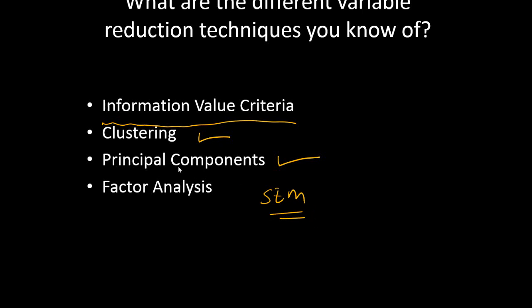So factor analysis is very similar to principal component analysis, except that factor analysis is used only when you have a causal hypothesis to be tested. Otherwise, it's not very useful. You can always go ahead with principal components. And factor analysis is also used for reduction of variables. You come up with a much smaller set of factors and finally build a model.